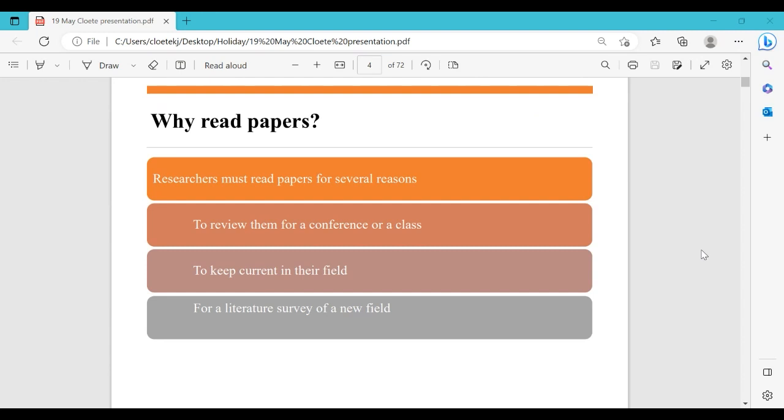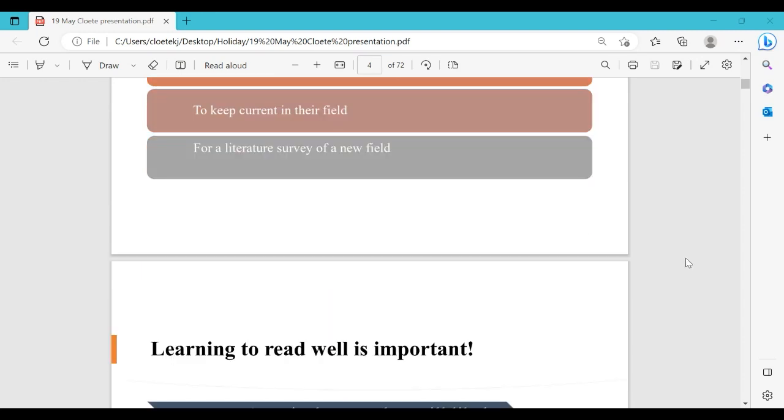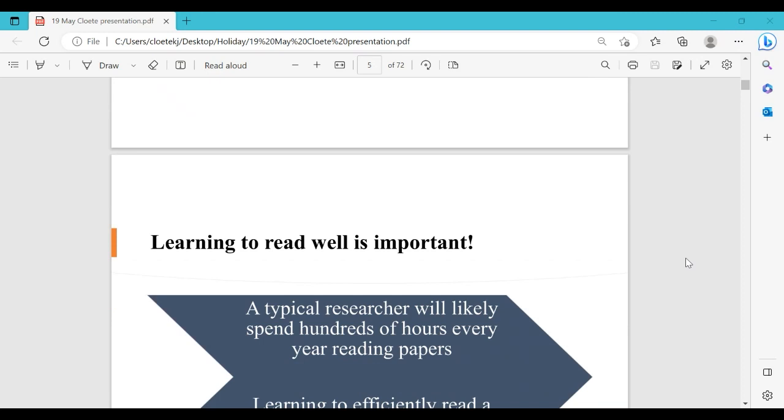Also, if we want to write a literature review, or a review paper to be published, or the introduction section of our papers, and also the discussion section, it's important to do a good research overview by reading papers that have been published.